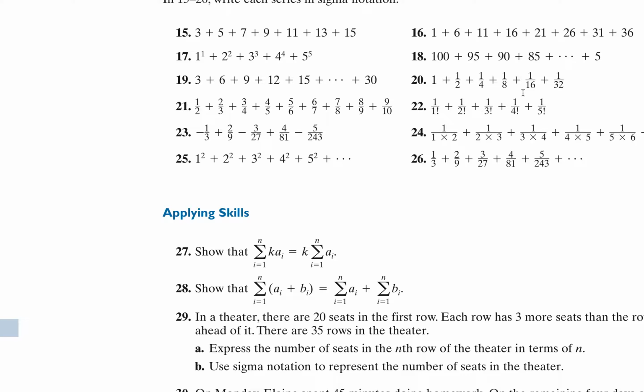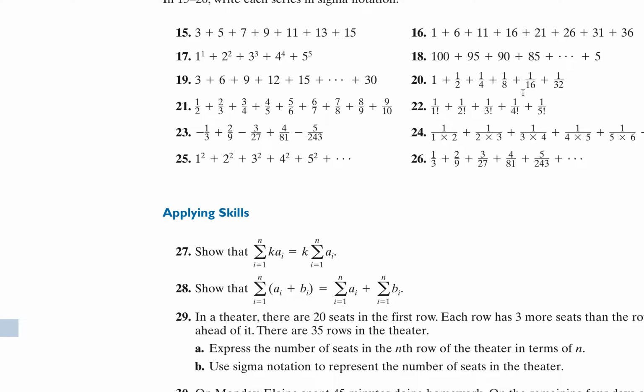It's always a power of 3. But we can see that the signs are oscillating. Oscillating means changing from negative to positive and then keep going.